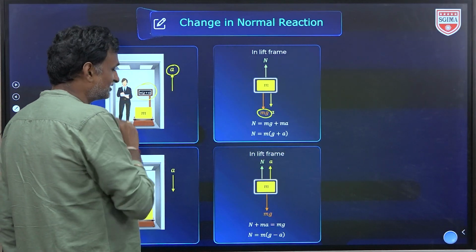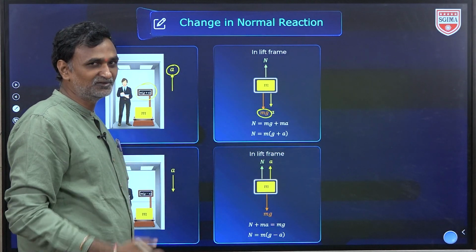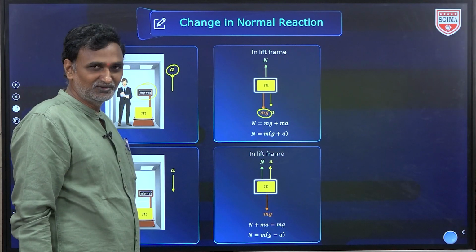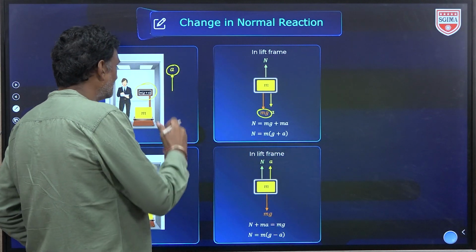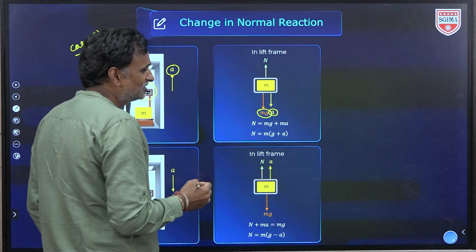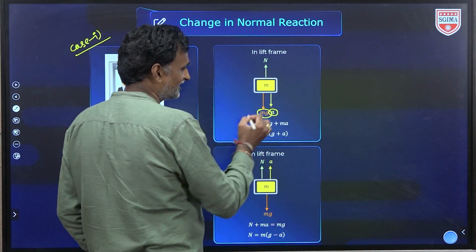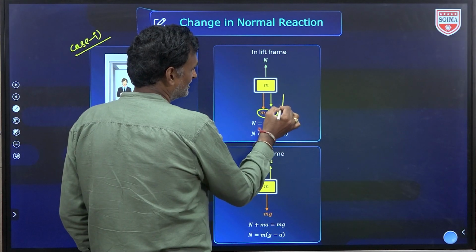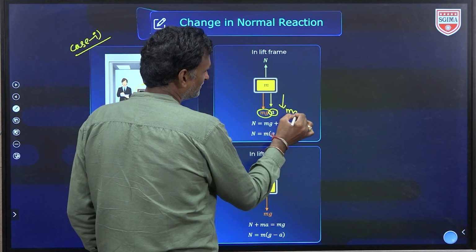the person inside the lift is in which frame? He is in a non-inertial frame. In a non-inertial frame, a pseudo force exists, so a downward pseudo force is going to act.